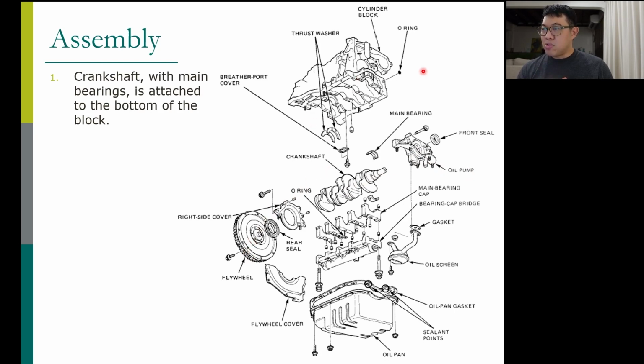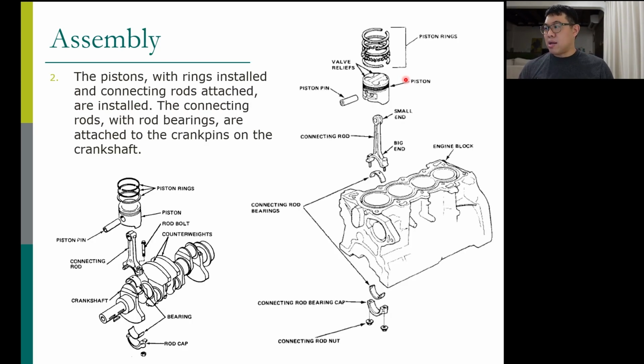They do this and then they flip the engine back, and they put the piston and connecting rod in from the top. You have to put the ring on the piston first, and then you have to squeeze the ring, and then you hit it down into the cylinders.